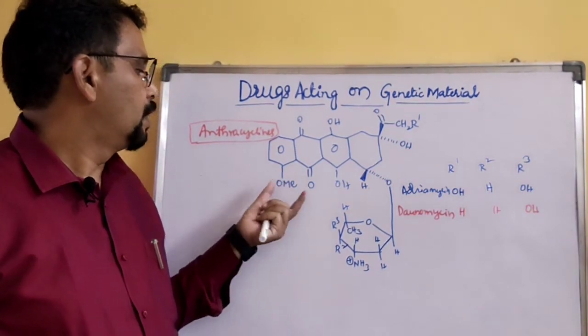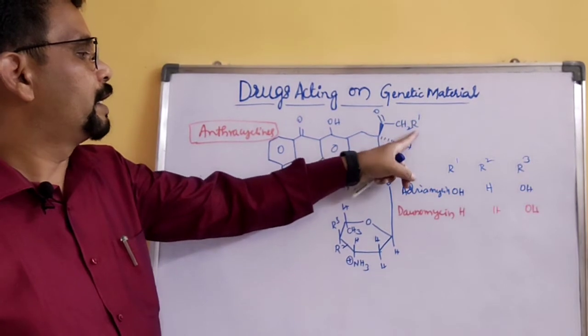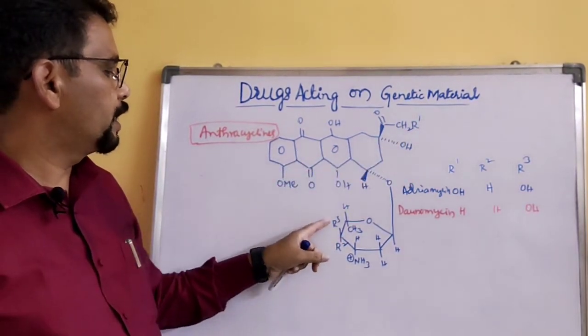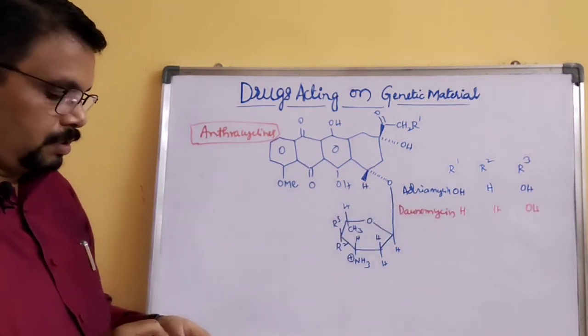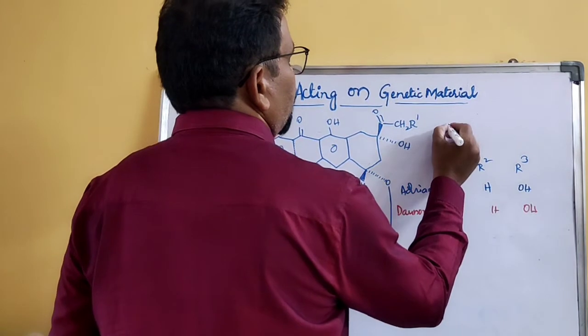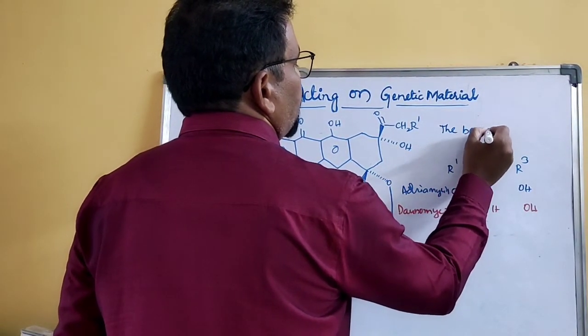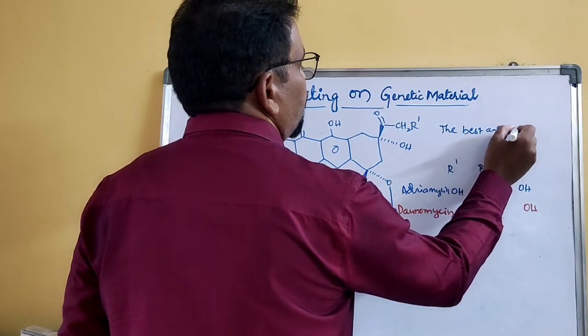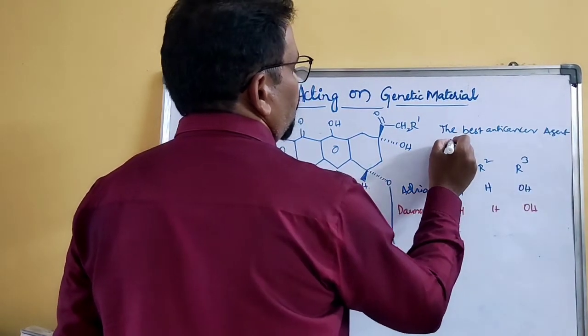If here a hydroxyl group and hydrogen, hydroxyl group, then it is called Adriamycin, the best anti-cancer agent ever discovered. The best anti-cancer natural product is Adriamycin.